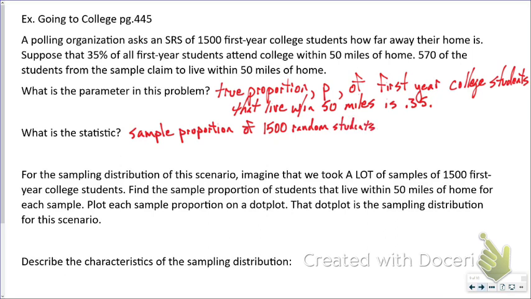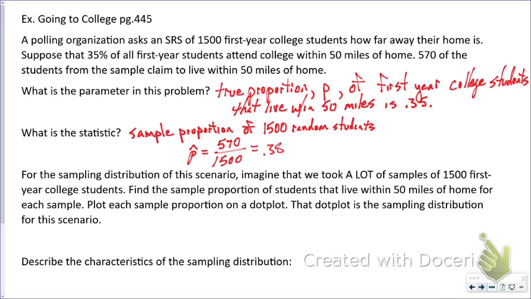I think you can put a period on it there and write p hat equals 570 over 1,500. And I go ahead and calculate it because you'll have to eventually. So we know that that is 0.38, I believe. Yep.